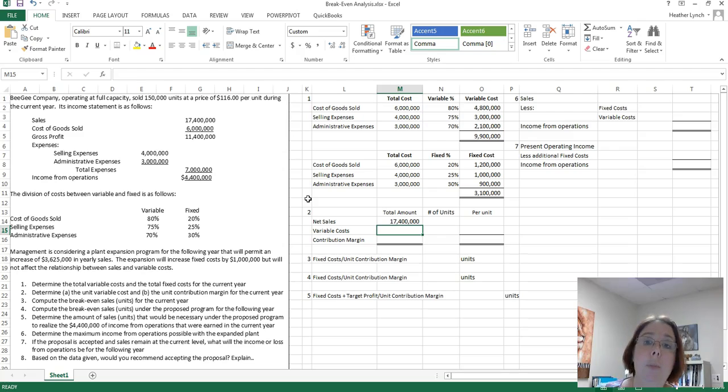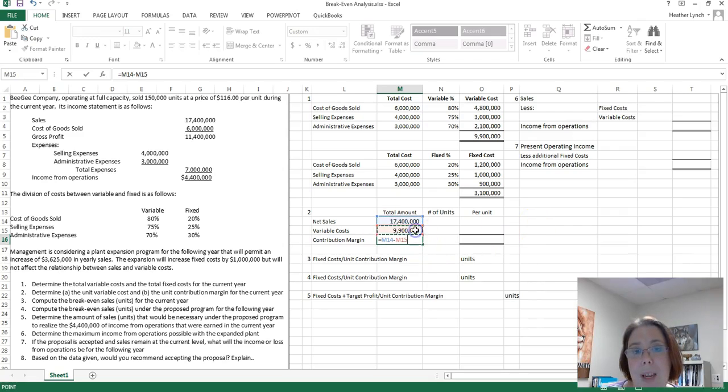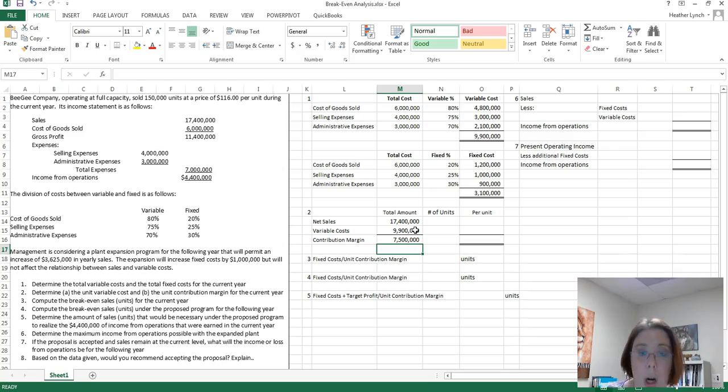Our total variable cost, that's going to be the 9,900,000. Now, if you remember in our reading, contribution margin is the difference between your sales and your variable cost. So the 17.4 million minus the 9.9 million. So our contribution margin is 7.5 million.